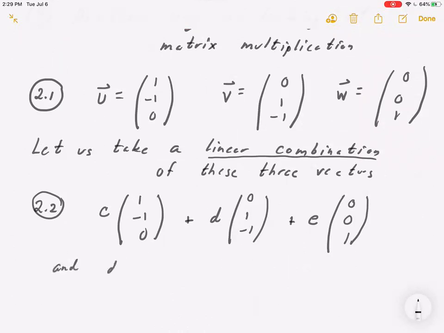If we spell this out, we multiply the scalar by the vector, so that's scalar multiplication, and then we add those vectors together.